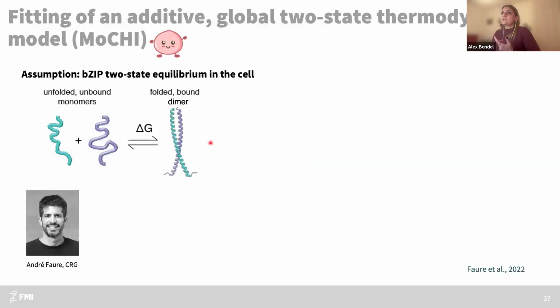And therefore, we use this same model that Tony presented earlier, which is MOCHI, to fit delta Gs. In this case, we assume a two-state equilibrium of BZIPs of unfolded, unbound monomers and folded, bound dimers.